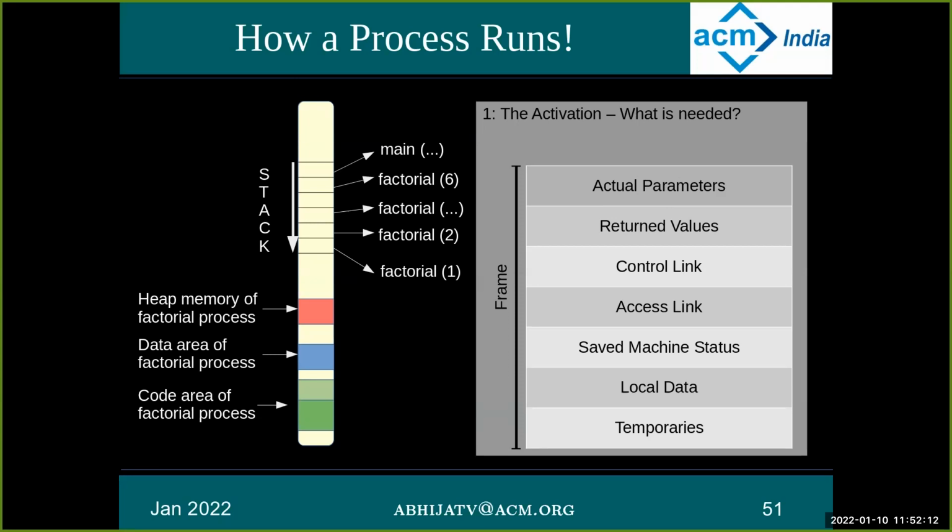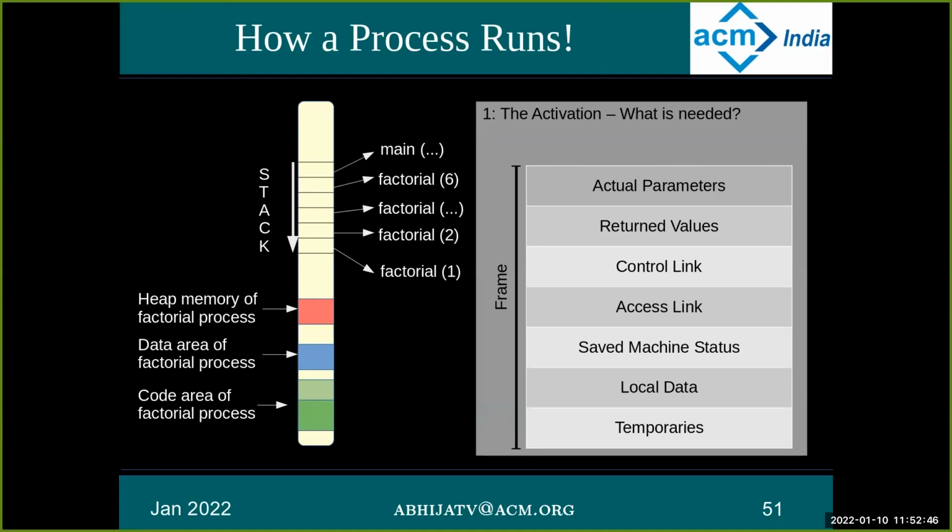This last in first out behavior can exactly be realized using a stack. So that is why you have activation, the information that is required to be passed between the caller and callee, and these activations are arranged in a stack. That is why you see main, factorial 6, factorial 5, 4, 3, 2, factorial 1. You see them going up the stack.